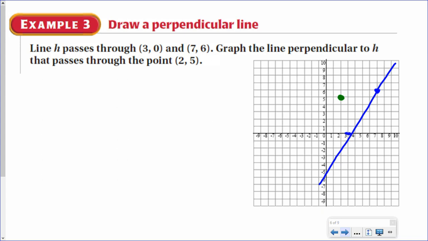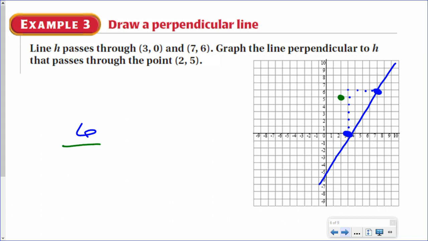Perpendicular means we want to change the slope. We want to take the slope, flip it upside down, and change the sign. Well, using the same strategy I did on the other problem, let's count the slope. Let's count rise over run. From this dot to this dot, we'd go up 1, 2, 3, 4, 5, 6 over 1, 2, 3, 4.